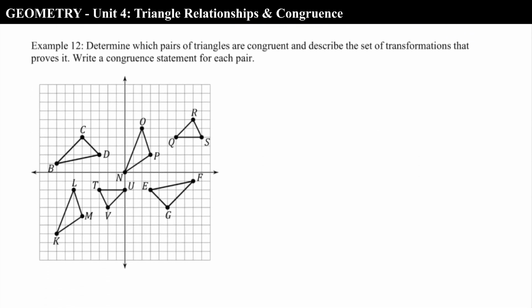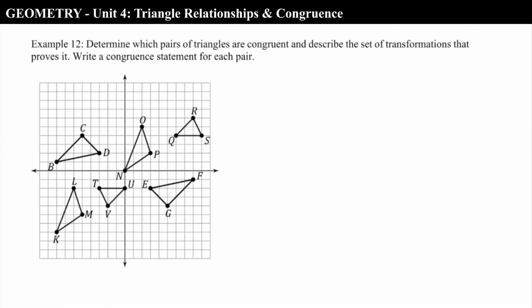All right, example 12. We're going to determine which pairs of triangles are congruent and describe the set of transformations that proves it. So let's take a look at what we have here. BCD looks very much like FGE. Okay, so check the vertices, make sure you line it up.